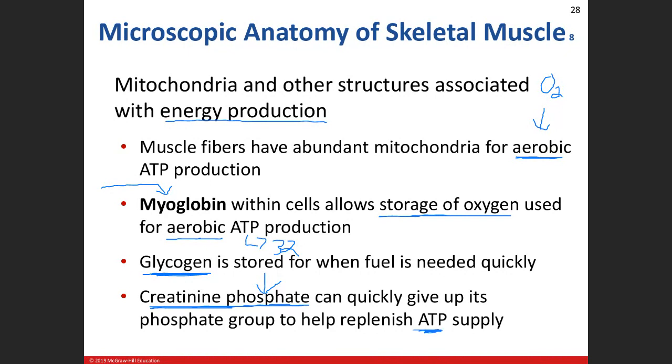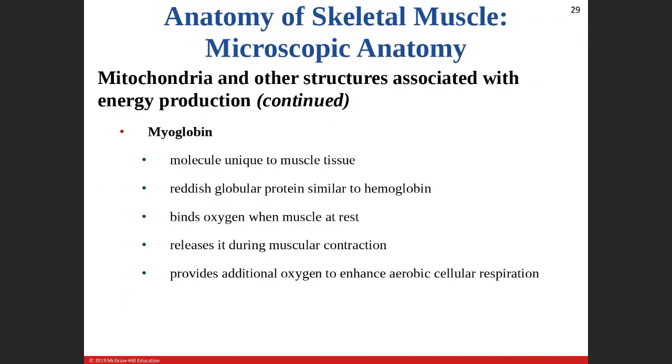To make ATP, or to make anything, you need the right supplies. If you want to bake a cake, you've got to have ingredients. To make ATP, we need ingredients. One of those ingredients is phosphates. Creatine phosphate gives up its phosphate so we can recycle and make ATP from ADP. We'll get into more detail about that.